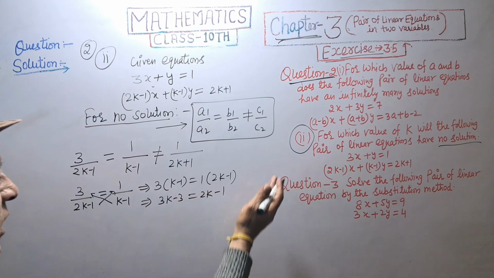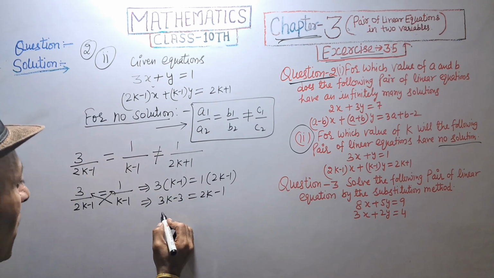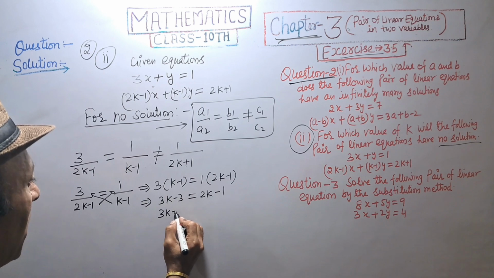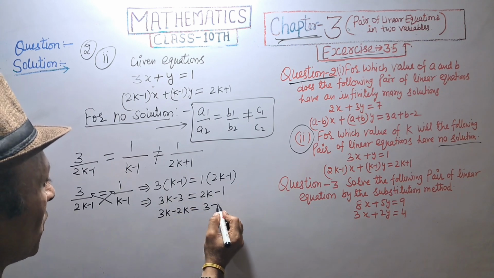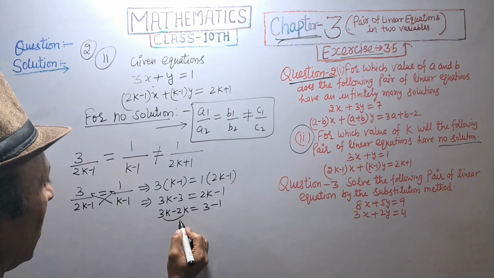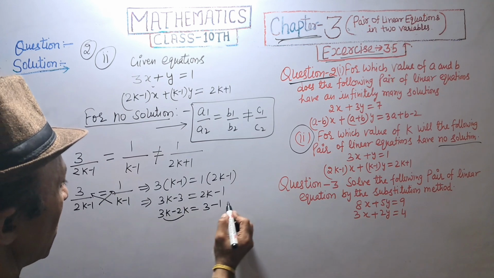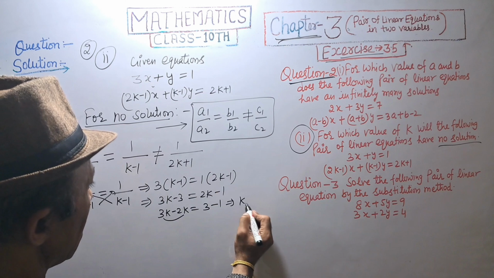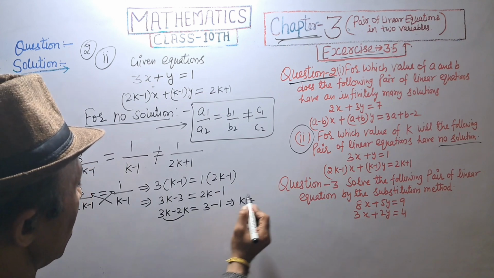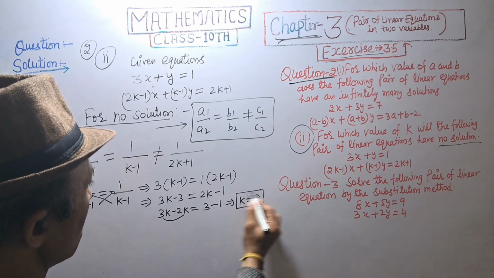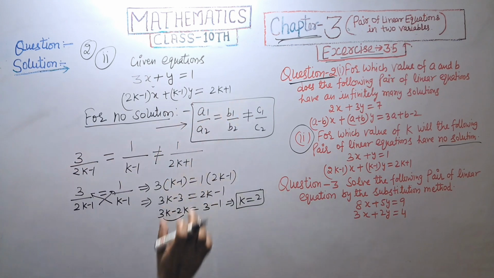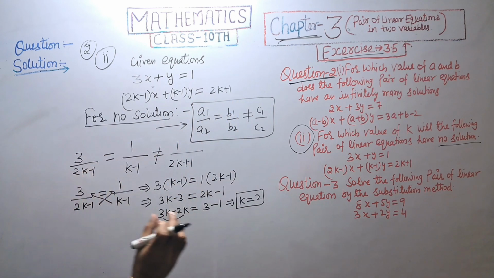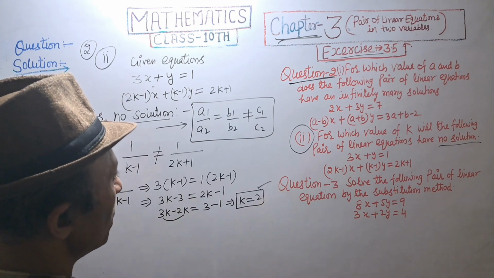Shifting 3 to the right side and 2k to the left side, we get 3k minus 2k is equal to 3 minus 1, this implies k is equal to 2. If a1 upon a2 equals b1 upon b2, then we get the value of k equal to 2.